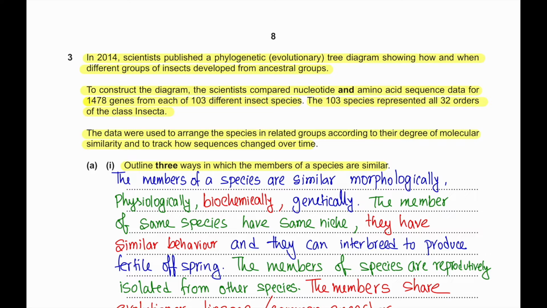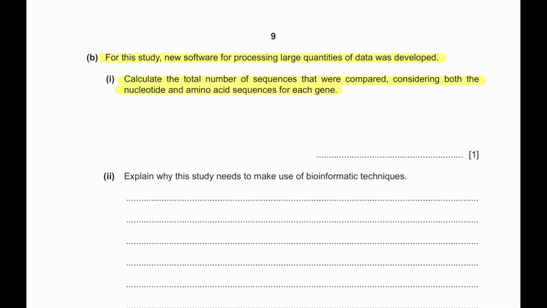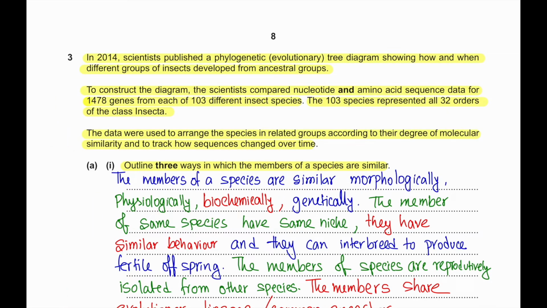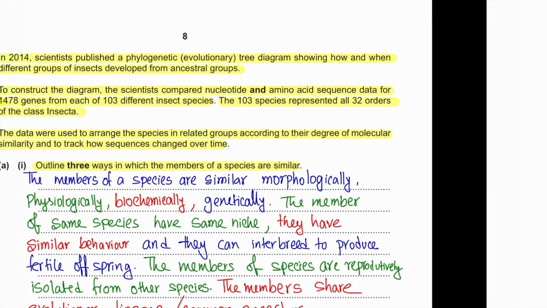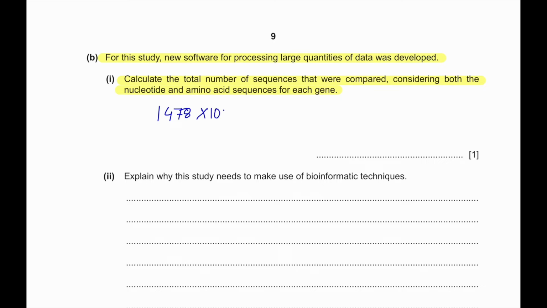So we had a total of 1478 genes, and there were 103 different insect species, so multiplied by 103 different insect species. And then there were nucleotide and amino acid sequences, so multiplied by 2. So there is a total of 304468 combinations.